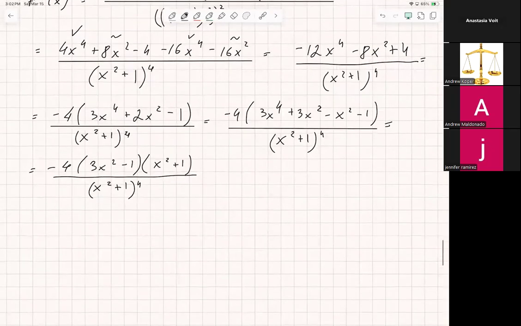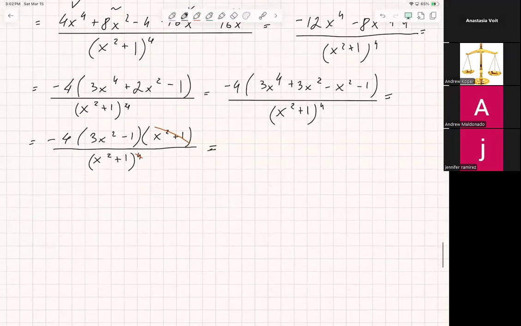Okay, and as you can see, we can cancel one of the terms, and we will have negative 4 times 3x squared minus 1 over x squared plus 1 to the third power, right? And that will be the end. So this is your second derivative of the function.